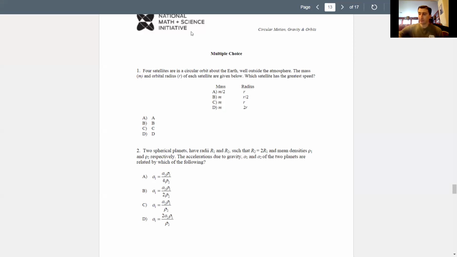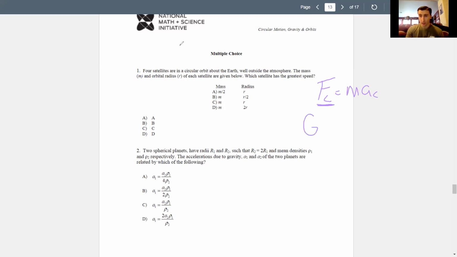So what we're going to do here is we need to get an equation for speed so we can look at this. Knowing that the only force that's responsible for the centripetal force here is going to be gravity, I know the only force responsible is gravitational force.